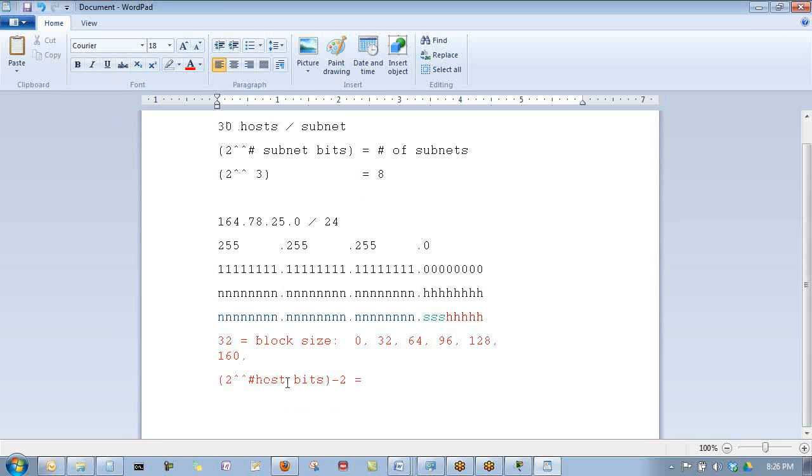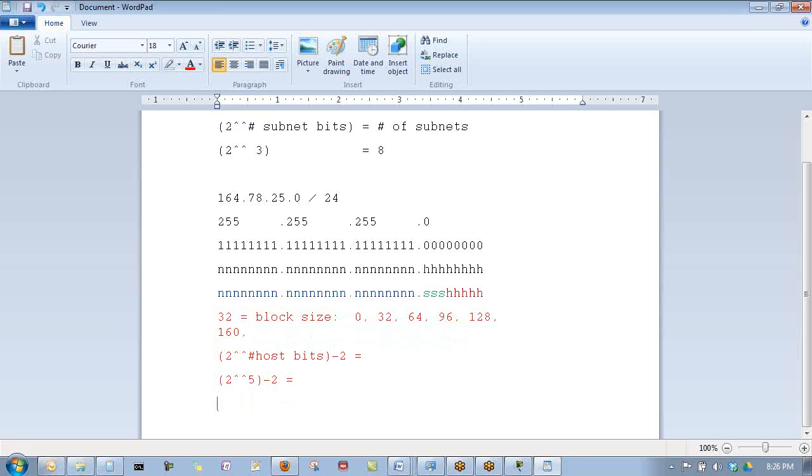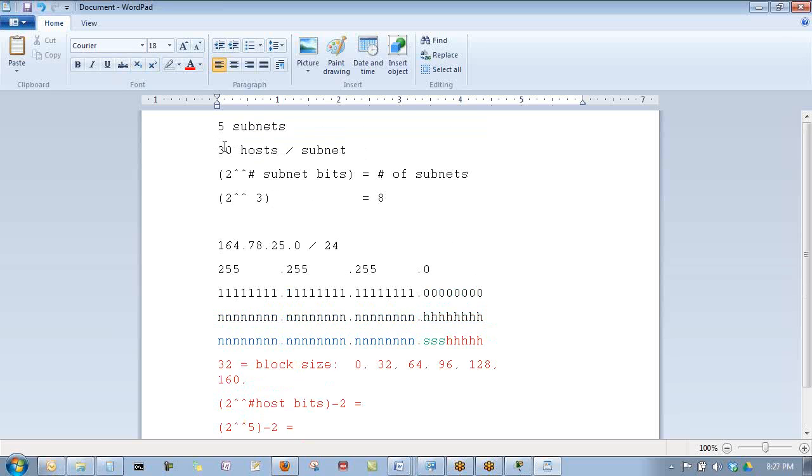So 2 raised to the 5 minus 2 is 32 minus 2 equals 30. Good. And recall, we need to have 30 hosts on our subnet. Is everybody cool? Yes. All right, very good.